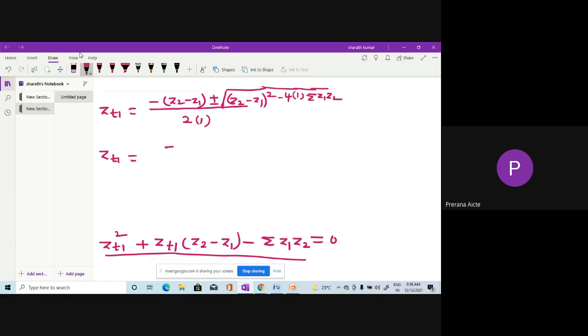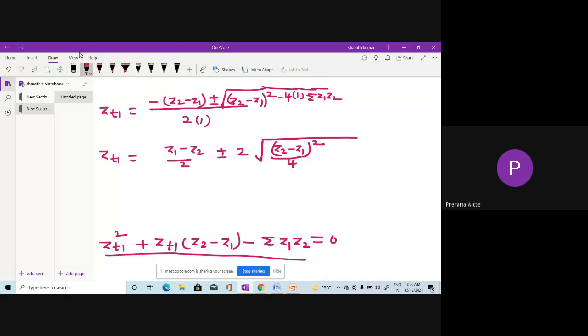If you go for this simplification, ZT1 is equal to (Z1 minus Z2) divided by 2 plus or minus. Just here, 4 is there, so the 4 is going to get cancelled out by taking it common from this root, and then you will get 2. In the root, (Z2 minus Z1) whole square divided by 4, the 4 is cancelled out.